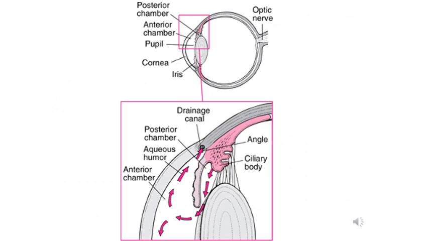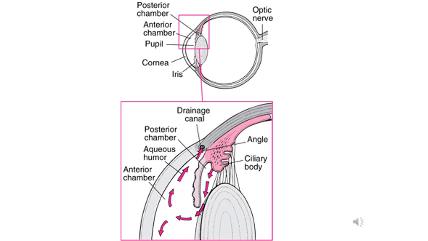This is another good picture of what happens with glaucoma, and you can see the arrows showing how the aqueous humor is supposed to drain, and that little hole is showing you the trabecular meshwork. That's where 90% of that fluid is draining out of that area.